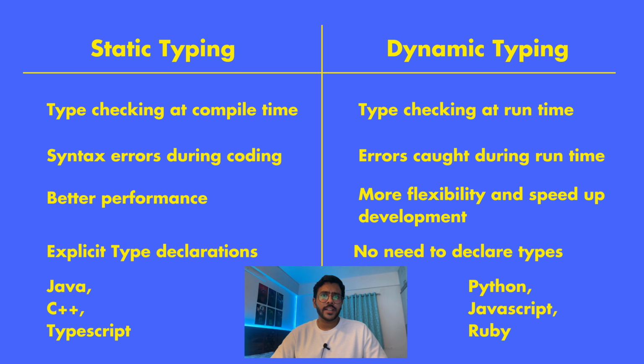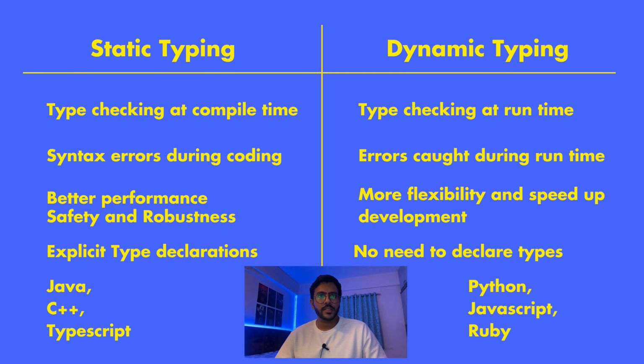There is early error detection and potential performance benefits, whereas dynamic typing has potential runtime errors, and there's a focus on development speed and ease of use for dynamic typing, whereas static typing focuses more on safety and robustness. So now that you know about type system, the type system is the core of TypeScript.